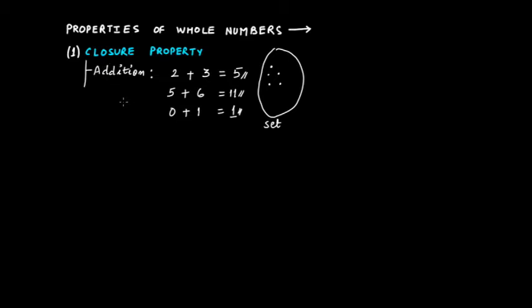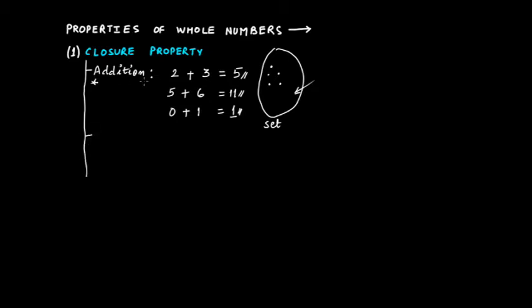That is, it is closed within addition. That is, the resultant number, the answer, would belong to this set, that is a set of whole numbers. Now let's move to multiplication.